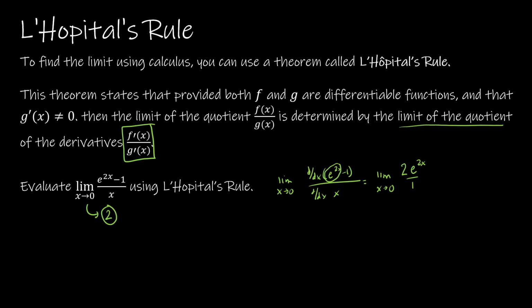So really I have 2e to the 2x divided by 1. Now all I have to do is plug in 0. So 2 times e to the 2 times 0, well, e to the 0 is 1, so 2 times 1 is 2. And that is the same limit that we got when we looked at the graph of the function.